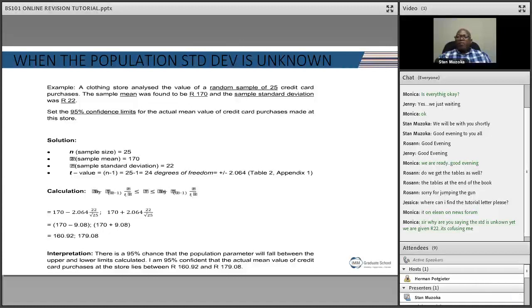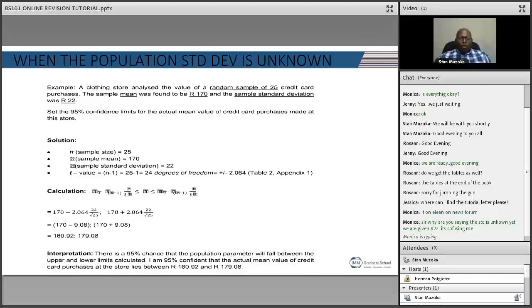Yes, Monica, why am I saying that standard deviation is unknown yet it is given to us? Sorry, Monica, for confusing you. However, I am saying to you, in the first example we did, we were given the population standard deviation. If the population standard deviation is unknown, then we resort to using the sample standard deviation.